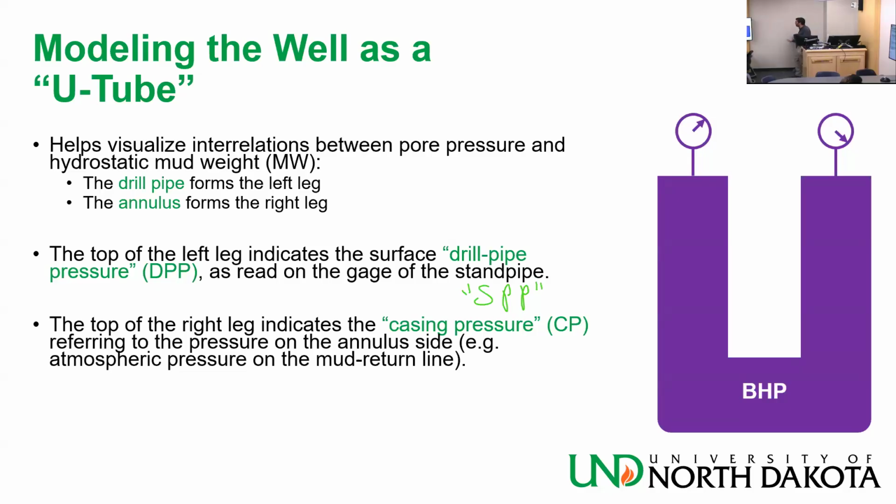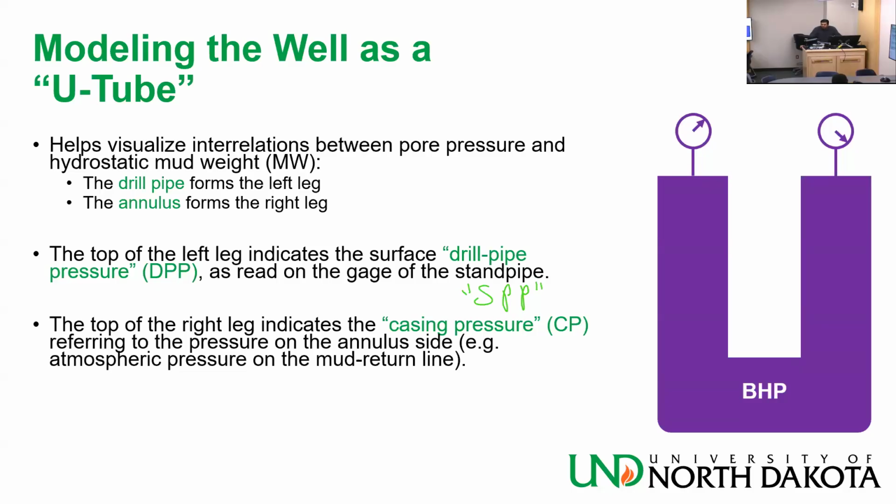So these values are very important because they are values that you know directly. They are on the surface, and you can have an accurate measurement of those directly. So the surface pressures and the mud weight are something that you can know with certainty.